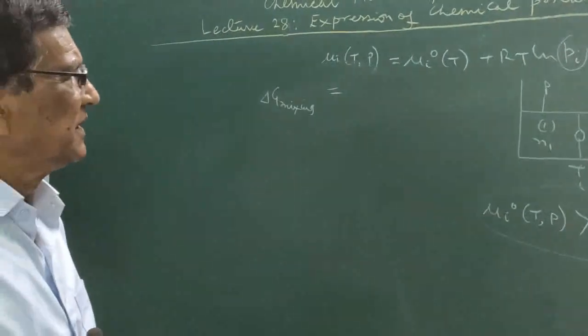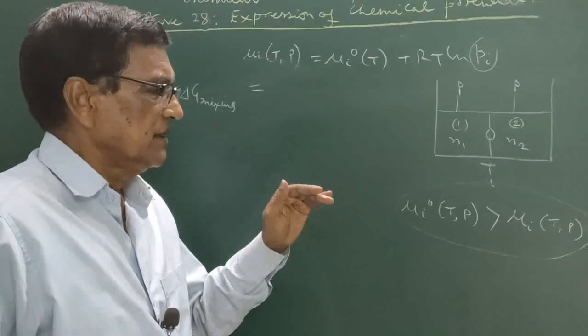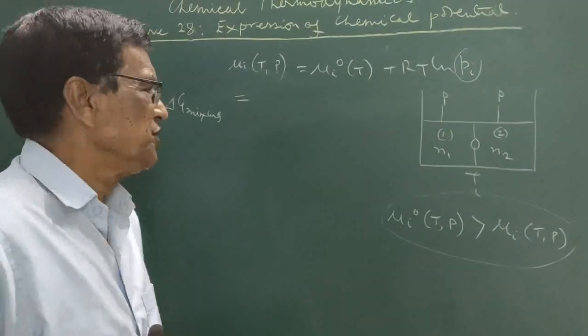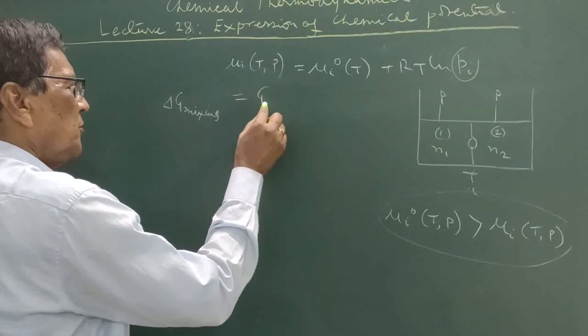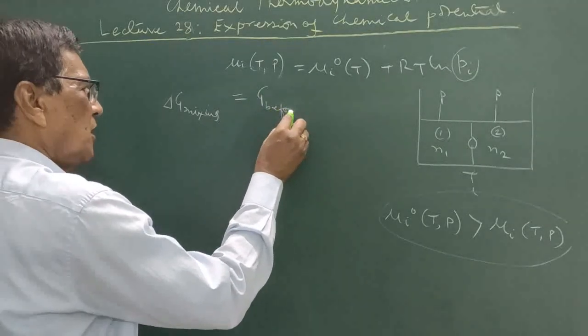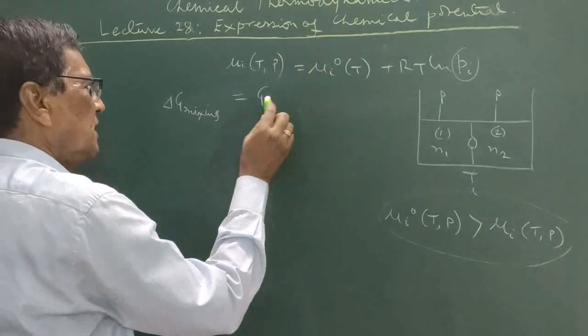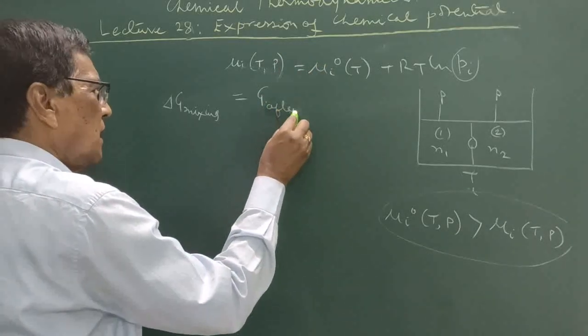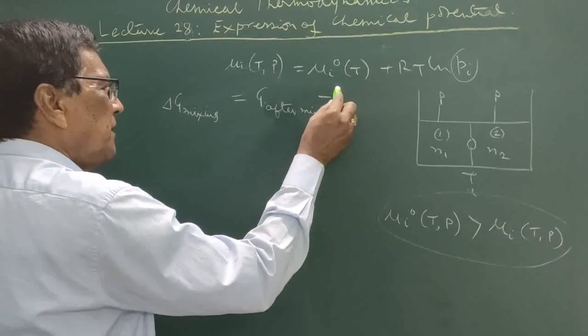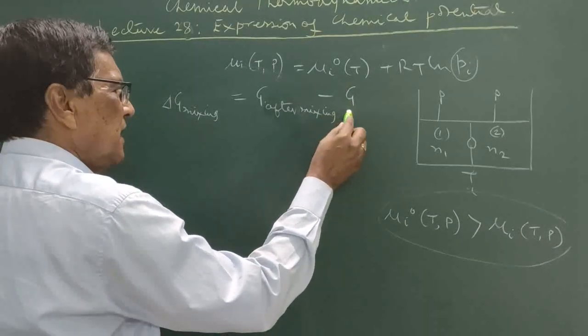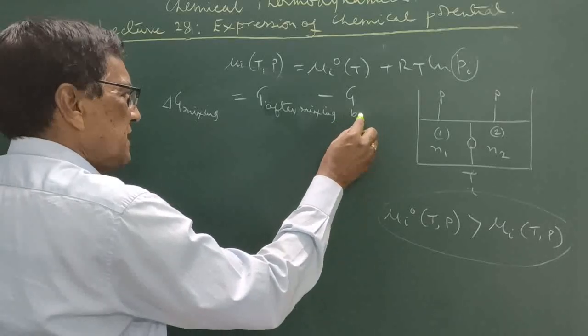That we can calculate by using the expressions of the chemical potential. So it will be G after mixing minus G before mixing.